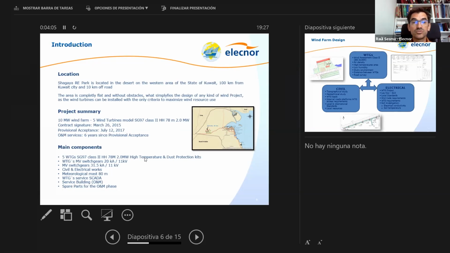In other countries, usually at 40 degrees, the turbine is stopped due to this high temperature. The dust protection kit is mostly to avoid any access of dust inside the nacelle, which is full of equipment like the generator, converter, gearbox, some hydraulics, and the transformer that can be affected by this dust and also by the high temperature.